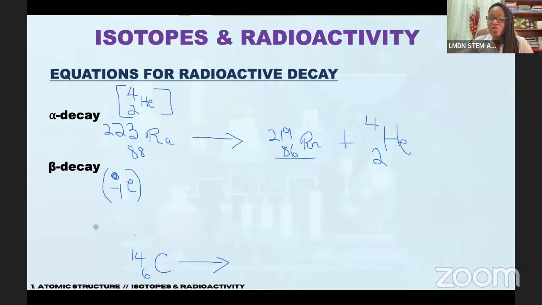And we are saying that this carbon-14 that I have at the bottom of the screen is losing an electron, essentially. So if it's losing an electron, what might happen? What do you think would happen from a mass number and an atomic number standpoint? No wrong answers here. Just throw them out and then we can work through it. Know that we're losing an electron-like particle.